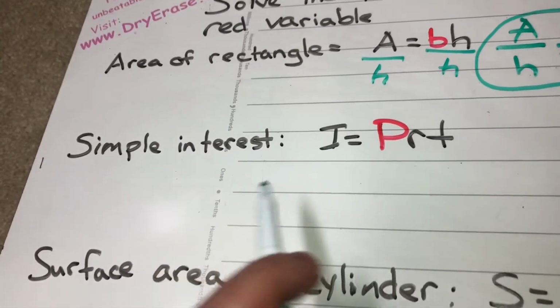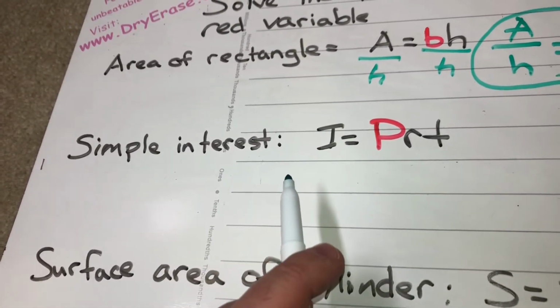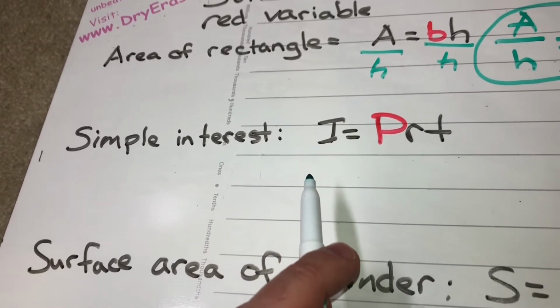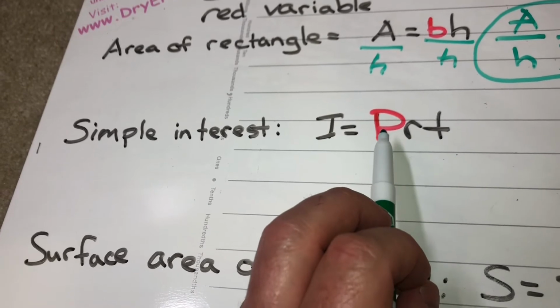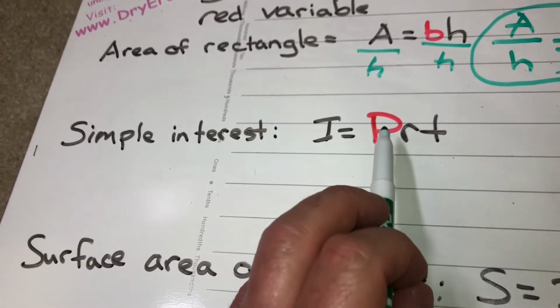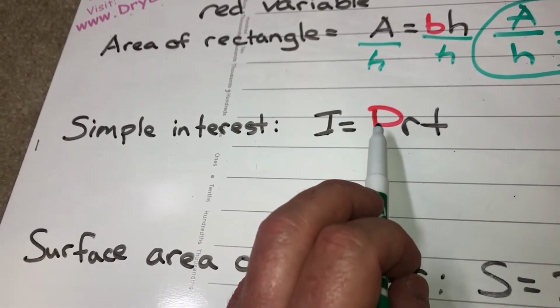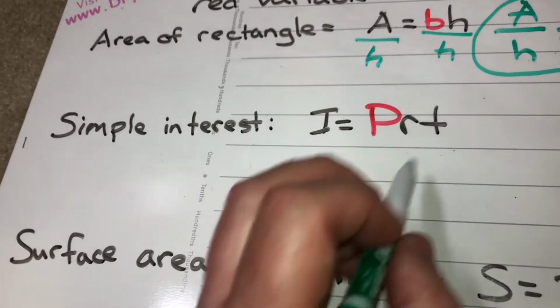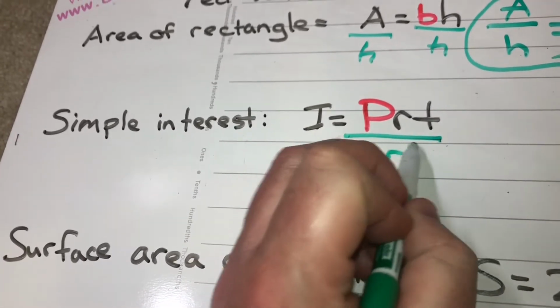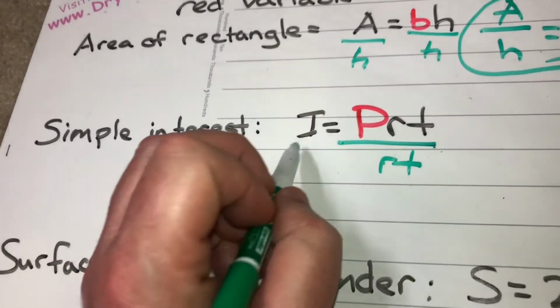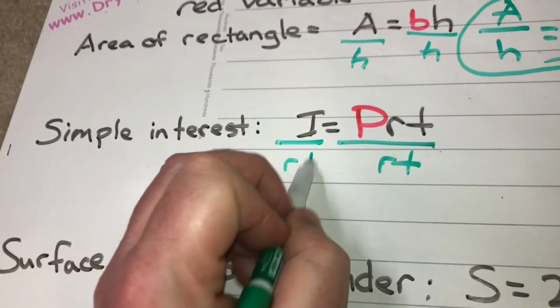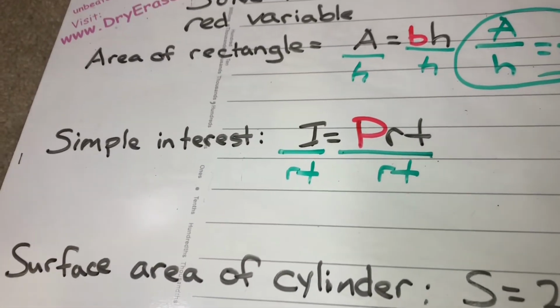Simple interest. Interest equals principal times rate times time. It is the P in principal that is red. Now to get rid of that R and the T, we're going to have to divide it by rate times time. And if I divide over here by rate times time, I'm going to have to divide over here by rate times time.